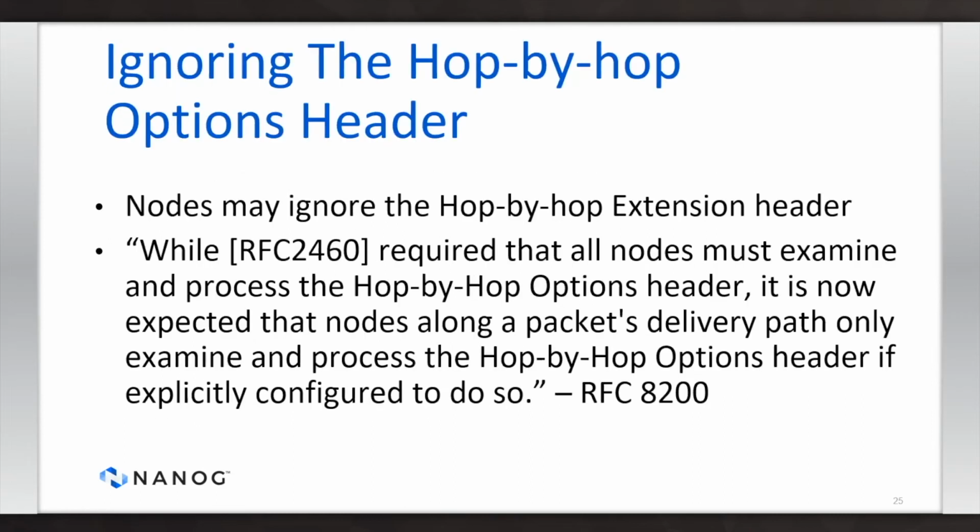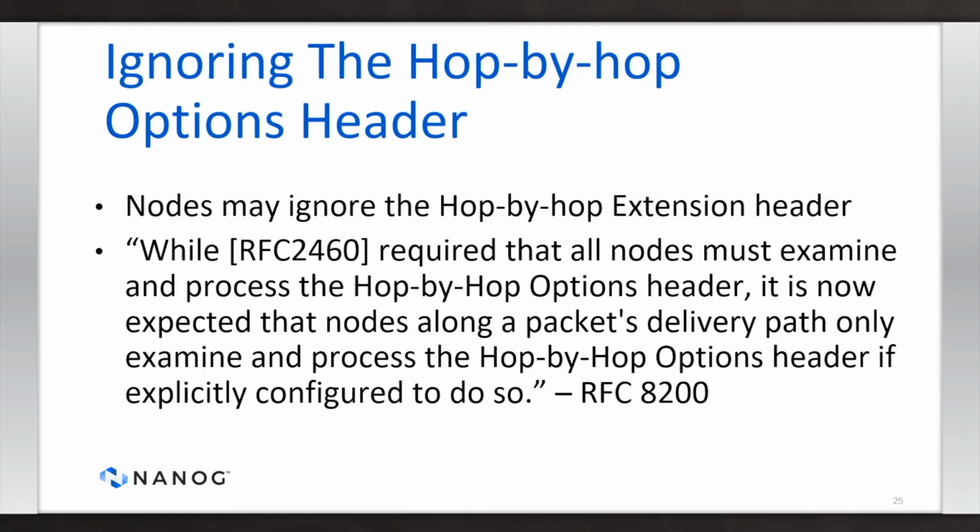Now, this was fairly simple until RFC 8200 was published. RFC 8200 is an update to the original IPv6 specification. It brought it up to full standard. And you'll find in 8200, while RFC 2460 required all nodes must examine and process the hop-by-hop options header, now it's expected that nodes along the packet's delivery will only examine and process the hop-by-hop options header if explicitly configured to do so.